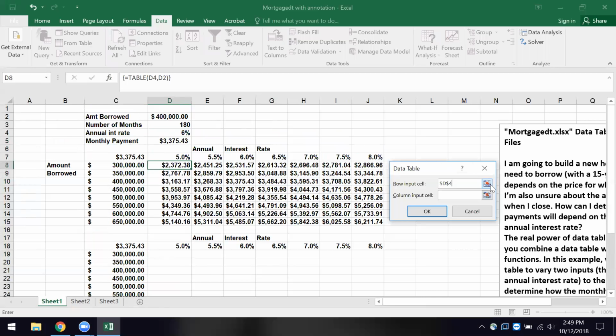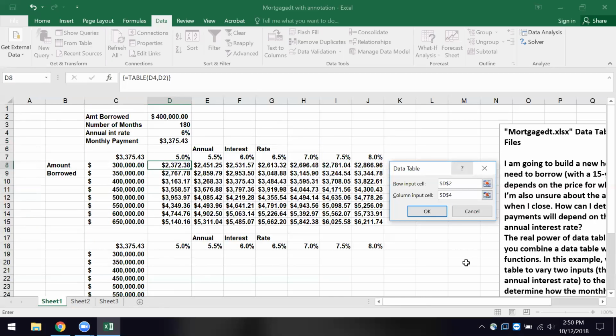Now I'm going to explain this to you here in a minute, and the column output is going to be D4. So hang on here. I want D2, that's the amount borrowed, and then D4, which is going to be the annual interest rate. I'm sorry.